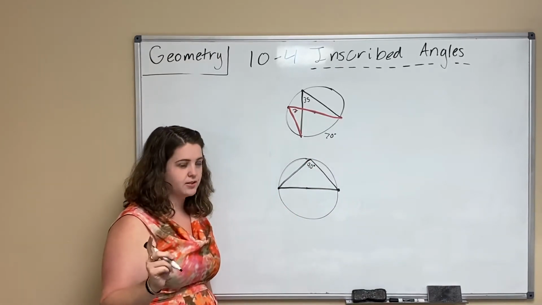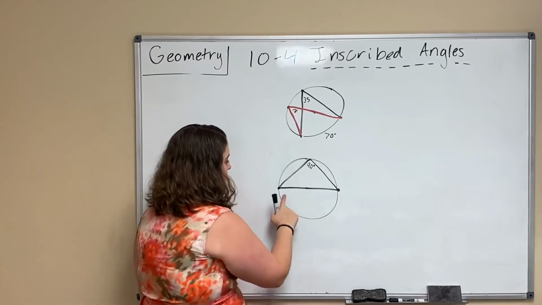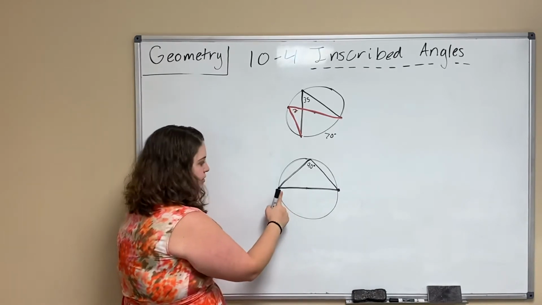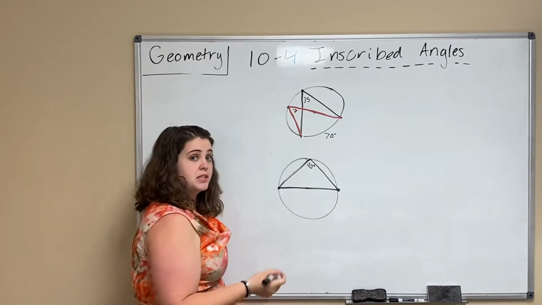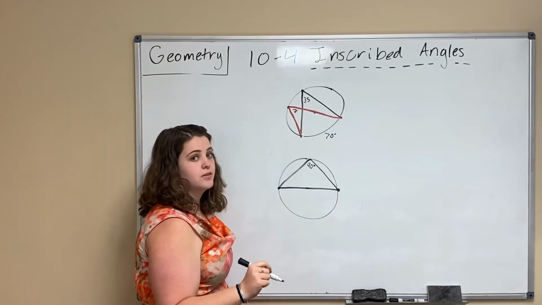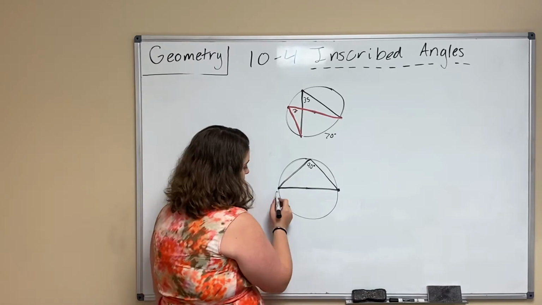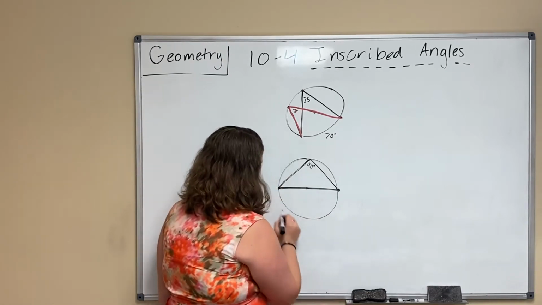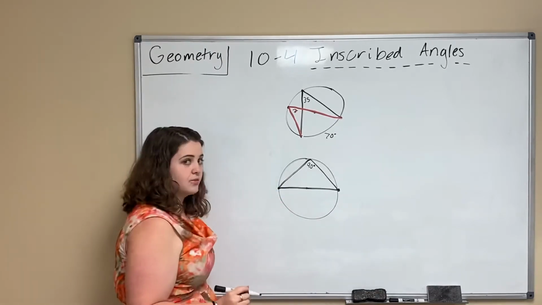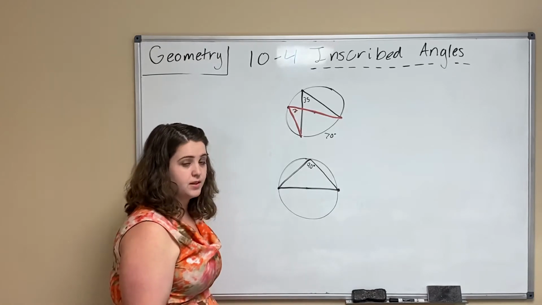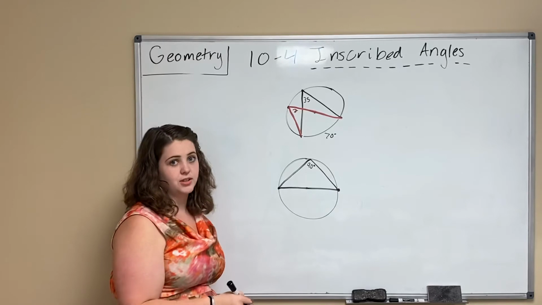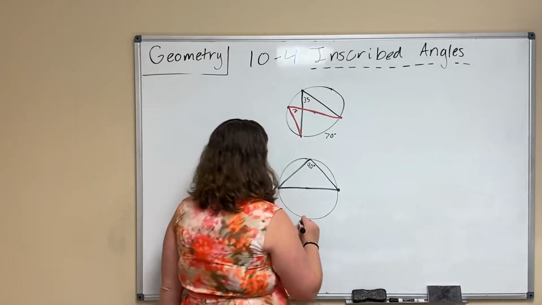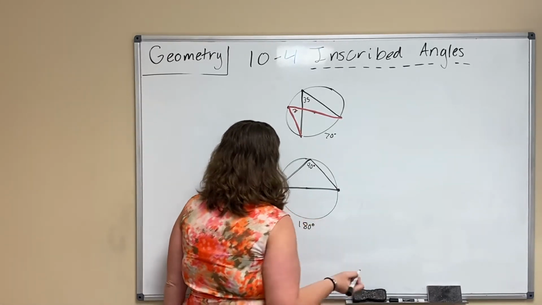Now we'll see how that's true, because if one side of the triangle is the diameter of the circle, that means it's cutting our circle in half. So what we know about this arc length here is that it's half the degrees of the circle. We already know a whole circle is 360 degrees, so half the circle is going to be 180 degrees.